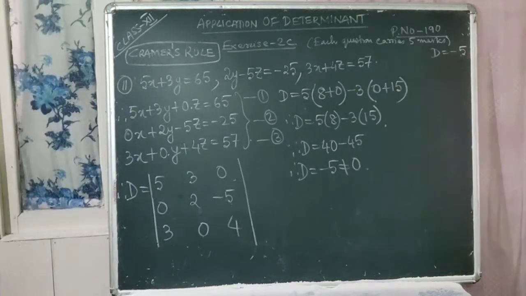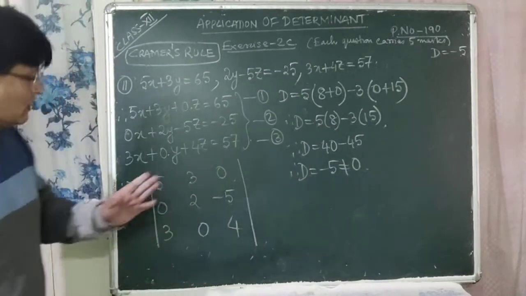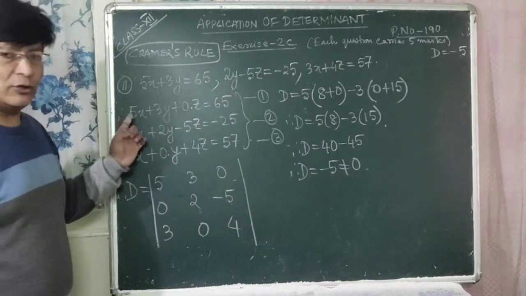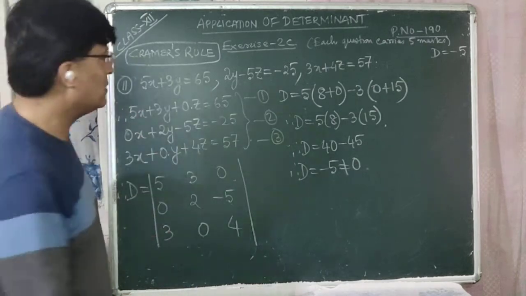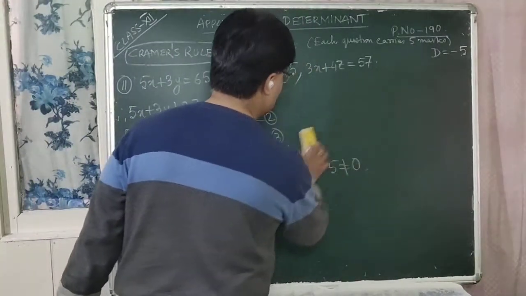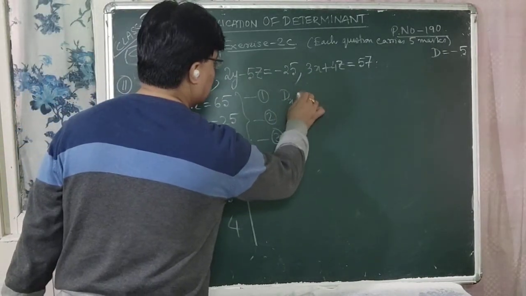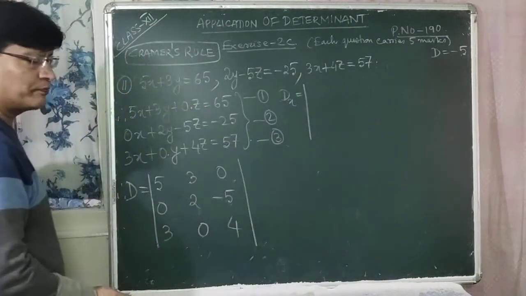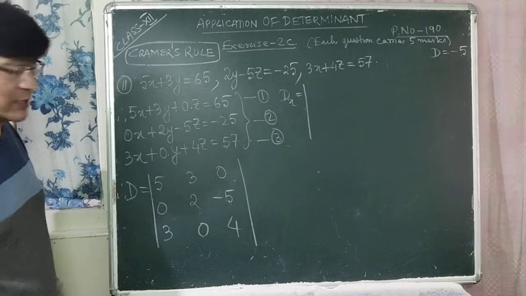So now, in the next step, you have to find out dx. Here the unknown quantities are x, y and z. So let us find out dx. Which column is the coefficient of x?